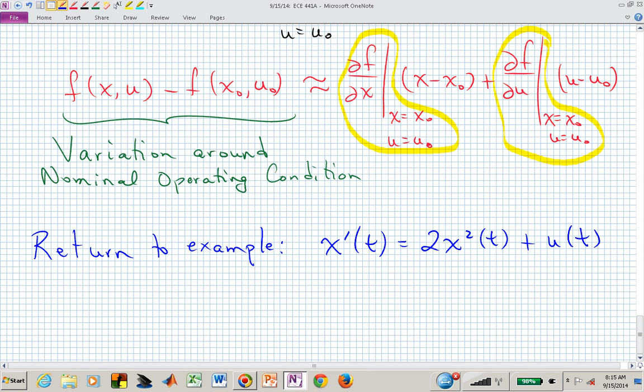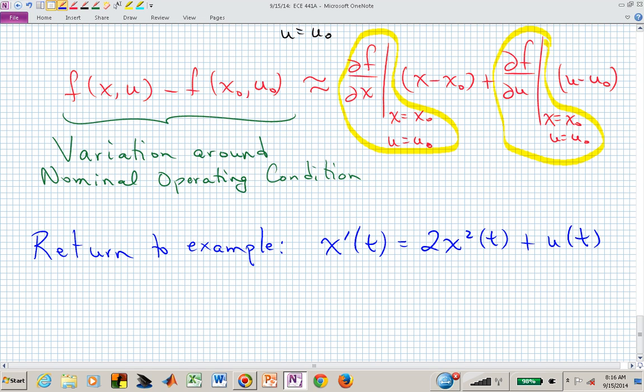First thing we want to do is find a nominal operating point. And one way to find a nominal operating point would be to say, when is that derivative equal to 0? Then I would be at an equilibrium condition. And then I can say, how is my system going to behave around that nominal operating condition?